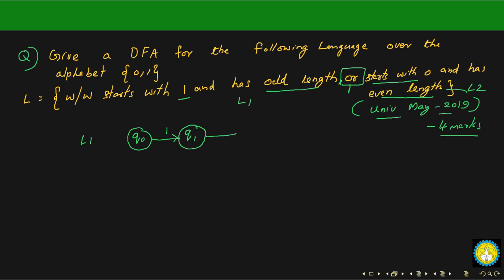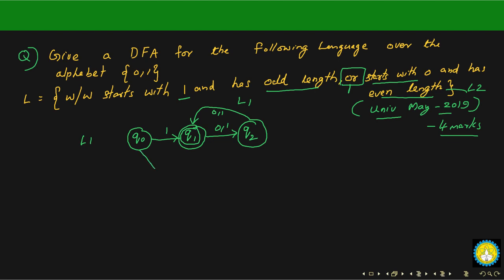So if you get a 0 or 1, anything, you may move to Q2, and that should not be an accepting state, because whatever ends up in Q2 will be even. Now from Q2, if you get one more symbol, you can move back to Q1, and now Q1 becomes your final state.